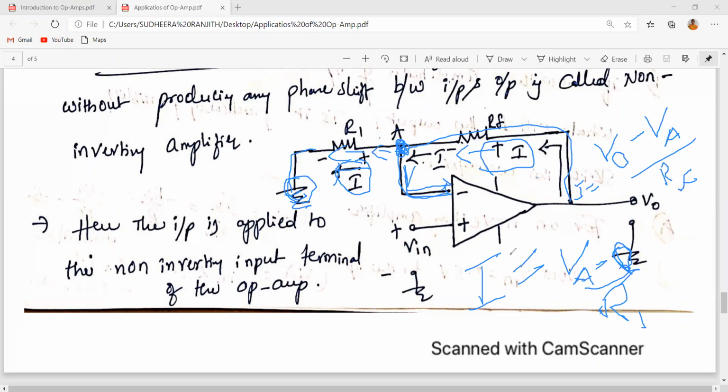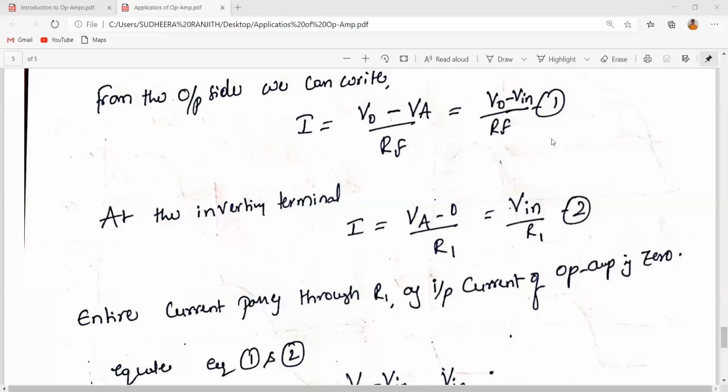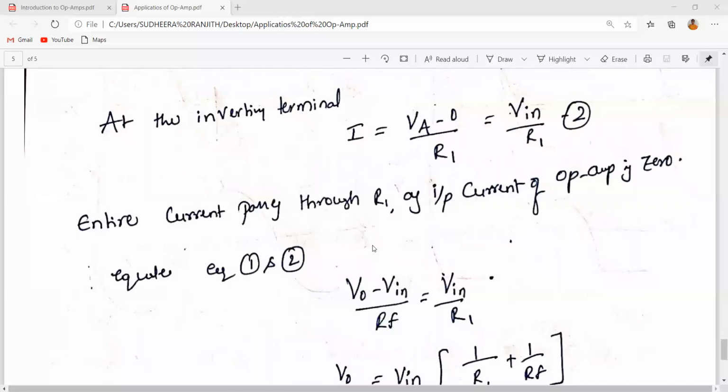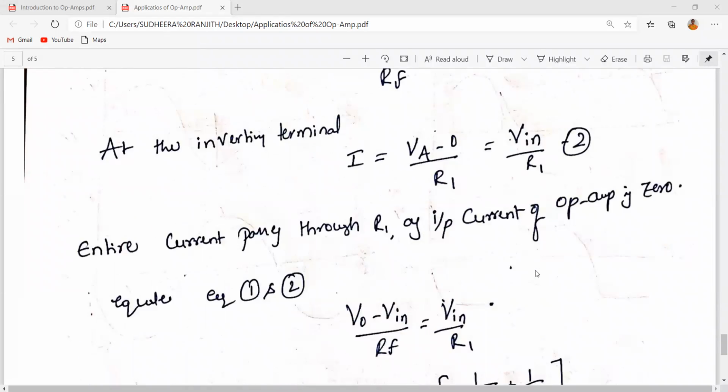So these two currents are the same. The current I, which is (V0 minus VA) by RF, should be equal to (VA minus 0) by R1. After equating equation 1 and equation 2, we get (V0 minus Vin) by RF equal to Vin by R1.